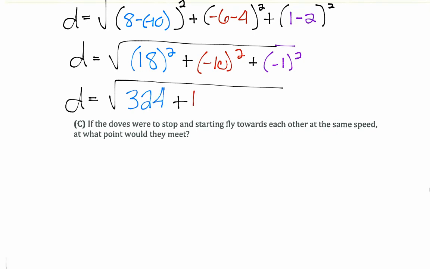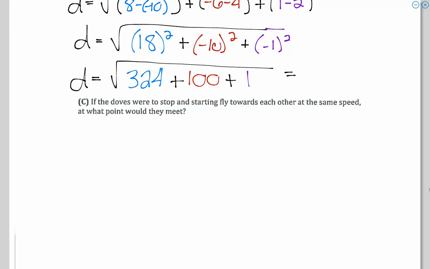Plus 100. Notice how that's positive 100 and not negative 100 because I kept the parentheses around the negative 10. That's a big mistake that I see. And then negative 1 squared is just 1. And this is going to come out to be 425.